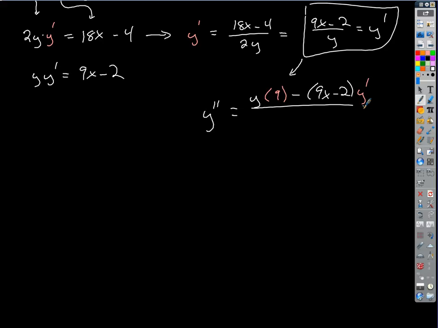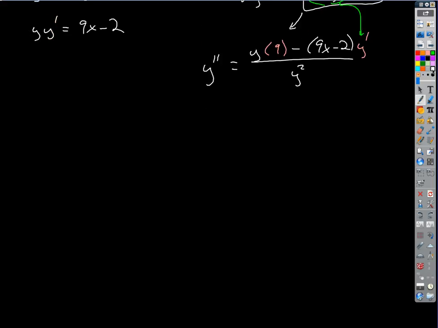Divided by y squared. There we go, okay? And so that's it. The only difficulty here is I want my answer in terms of x's and y's, and I've got a y prime in there, so what do I do? Good, okay, we know that that's y prime, so we'll just make that substitution, right?